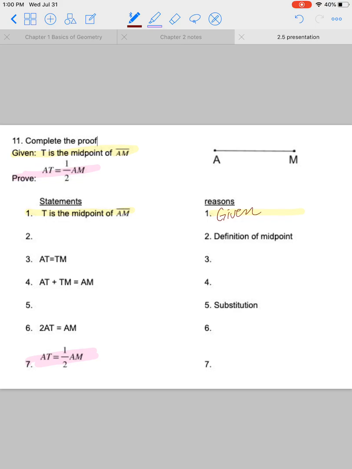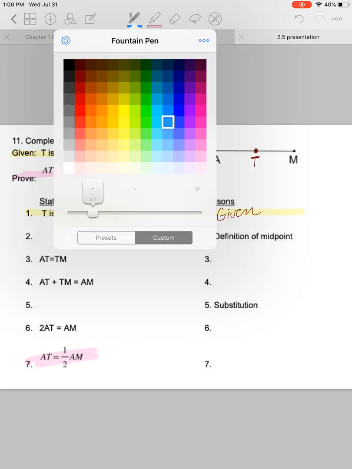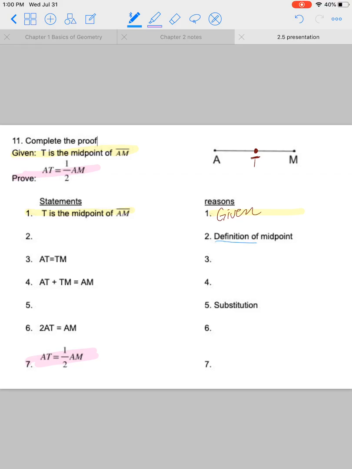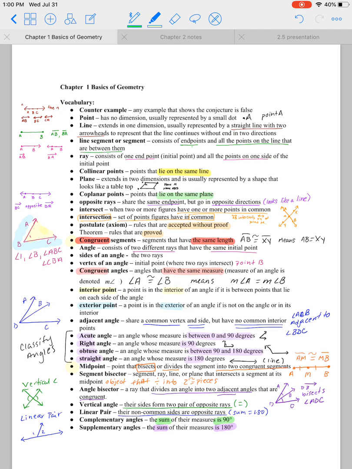So if we look at our information, we were given that T is the midpoint of AM in the diagram. I'm going to put T in the middle. We're then told to apply the definition of midpoint. Remember back to chapter 1, our definition of midpoint down close to the bottom of the page.